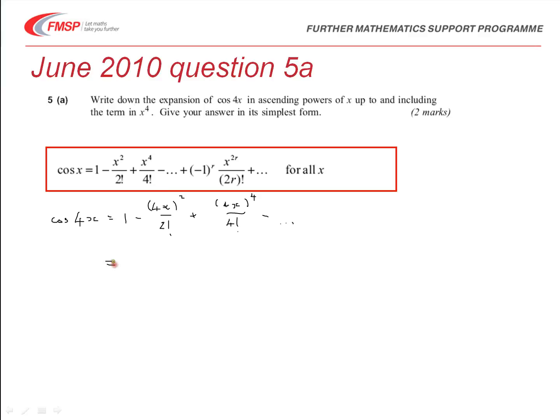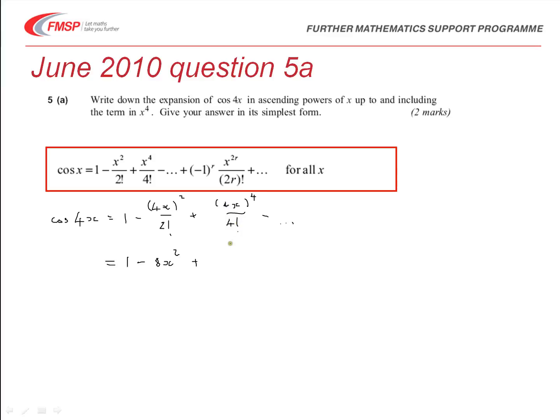And so if we then simplify this, we will get 1, and then notice I put the 4x in brackets to remind us that we are squaring the whole part of that, so that becomes 16x squared divided by 2 factorial, which will just give us 8x squared. And similarly, we've got 4 to the power of 4 over 4 factorial, so one of those 4s will cancel, so we've only got 4 cubed, and 4 cubed is 64, divided by 3 factorial.